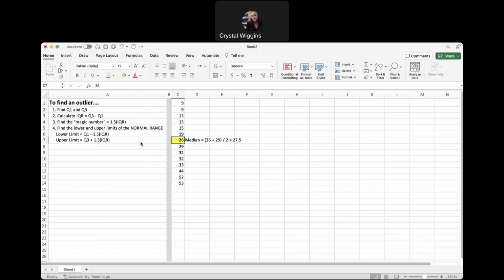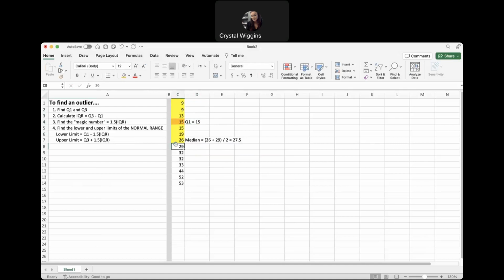So again, I cross off, pairing the top of the first half to the bottom until I find my middle. This time my middle is actually a data value. Okay, so this is Q1.